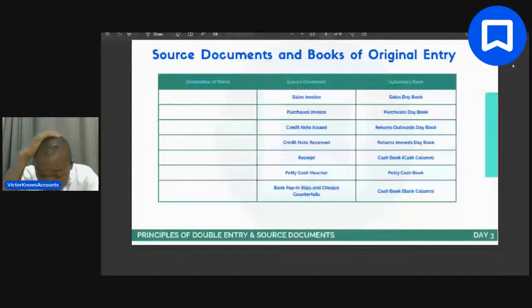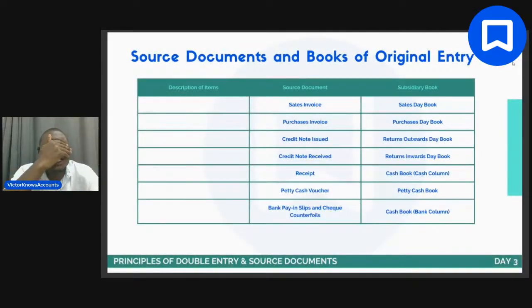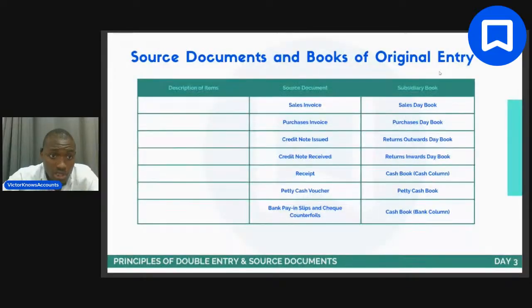Don't forget I mentioned that transactions are recorded into the books of original entry from the source document. Transactions move from the source document to the books of original entry.